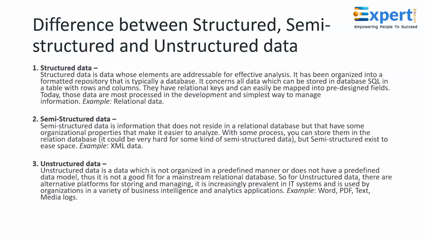They have relational keys and can easily be mapped into pre-designed fields. Today, the kind of data we mostly get is structured data, as it's also the simplest way to manage data and information.